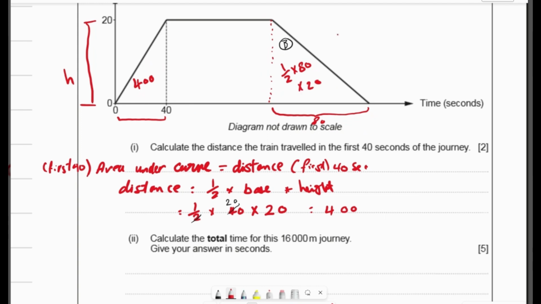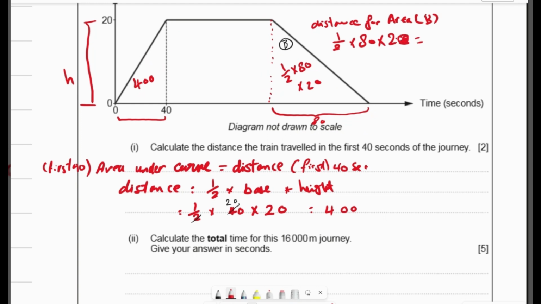So if I write it in the right order here, half times 80 times 20, and I can say distance for area B. So the assessors understand what I'm doing.